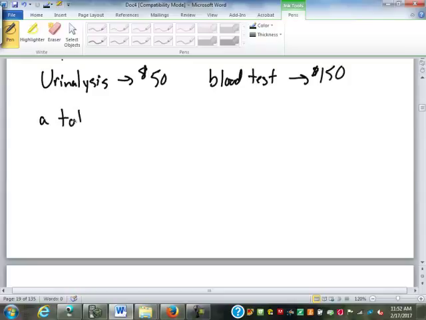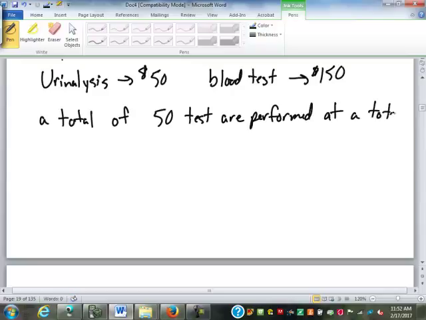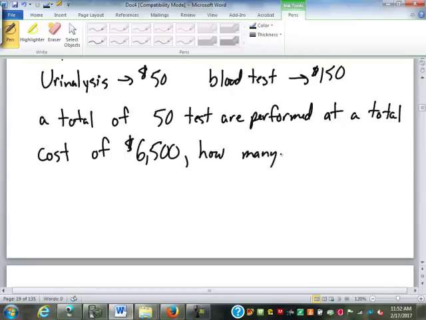If a total of 50 tests are performed at a total cost of $6,500, once again, how many of each were performed?